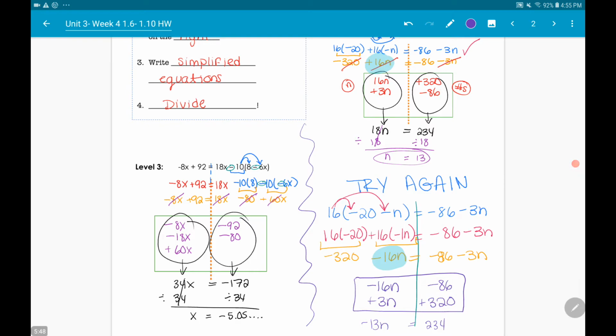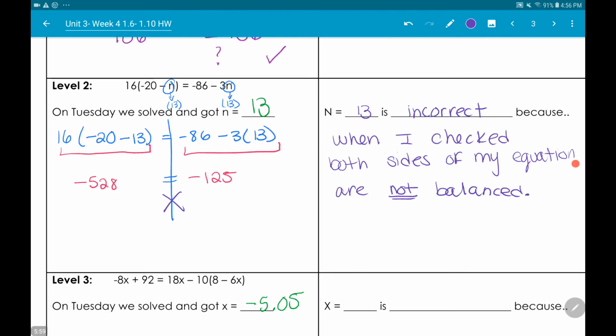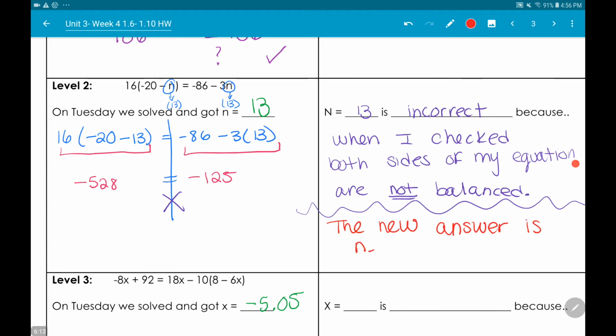And when I do that, I'm running out of space, so I'm just going to write it on the side. I get n equals negative 18. All right, so whenever you get an answer that you got wrong, we need to go back and recheck. So the new answer is n equals 18. And if we had time, we would also check that one and make sure that is correct. But for the sake of time, I'm going to just skip to the last one.